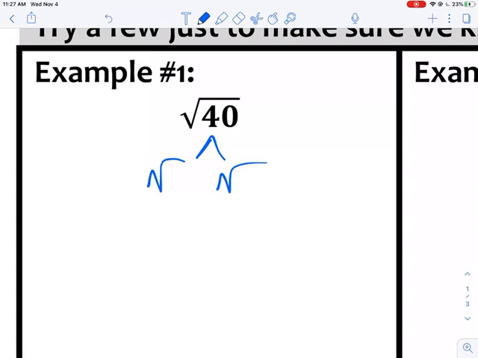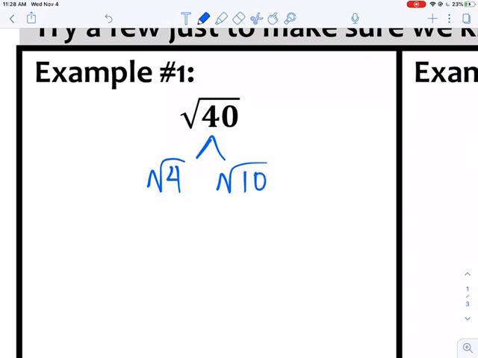So we're going to move down to 25. 40 divided by 25 is 1.6, a decimal again. So I'm going to move down again, looking at that list I gave you. 40 divided by 16, still a decimal. 40 divided by 9, still a decimal. And at 4, it divides out to 10.